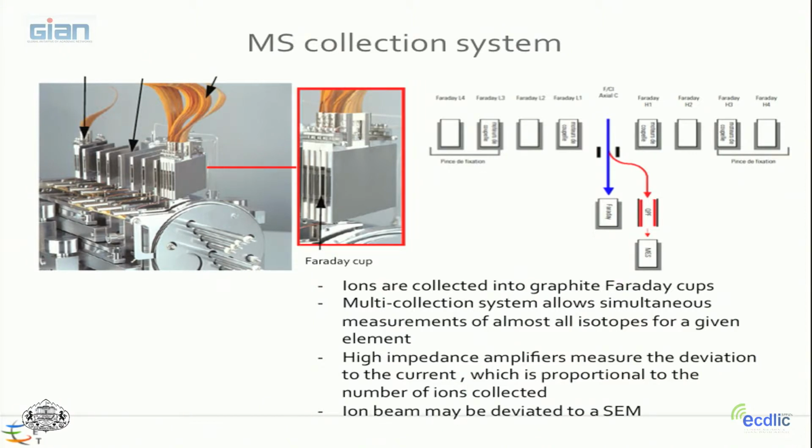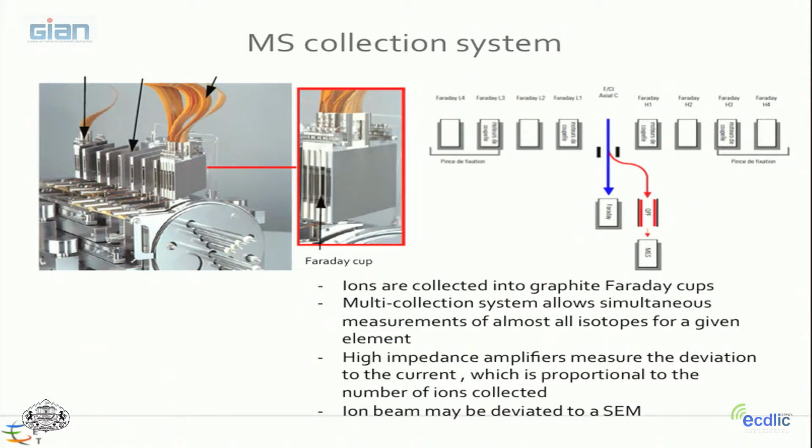We call the collector the Faraday cup. In fact, the collectors are made of graphite, and this is a very simple idea: when the ion hits the graphite, it produces a spark, and a spark is electricity.